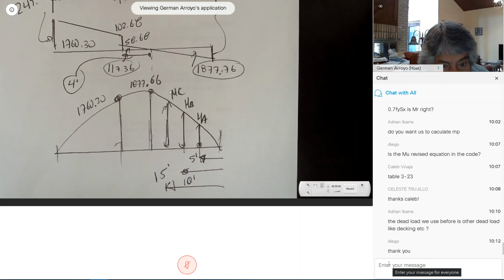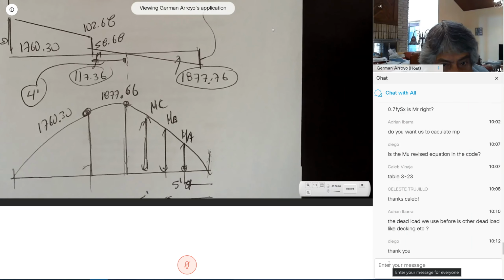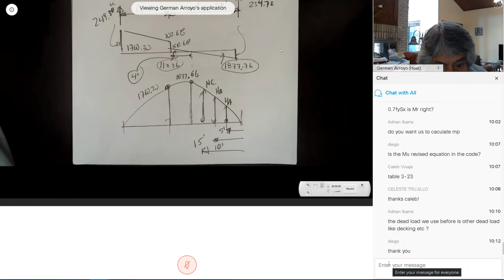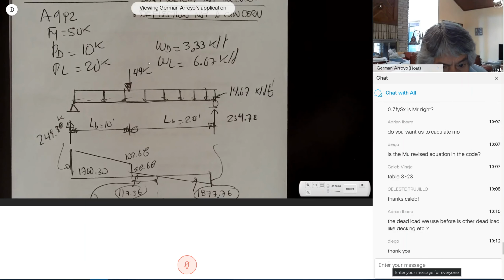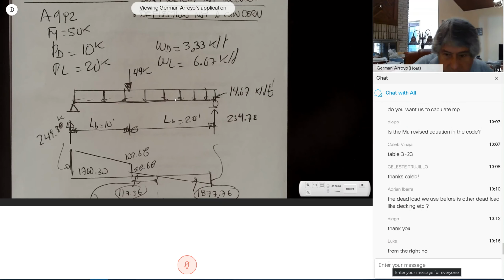So my free body, you look at my free body here. Do I need to include this force in my free body to do the computation of MA, MB, MC? Anybody? The answer is correct.